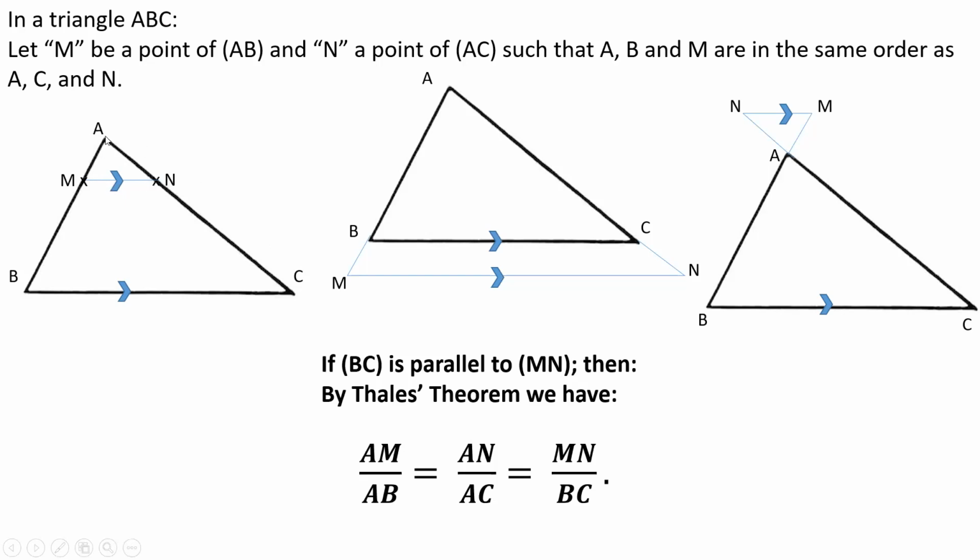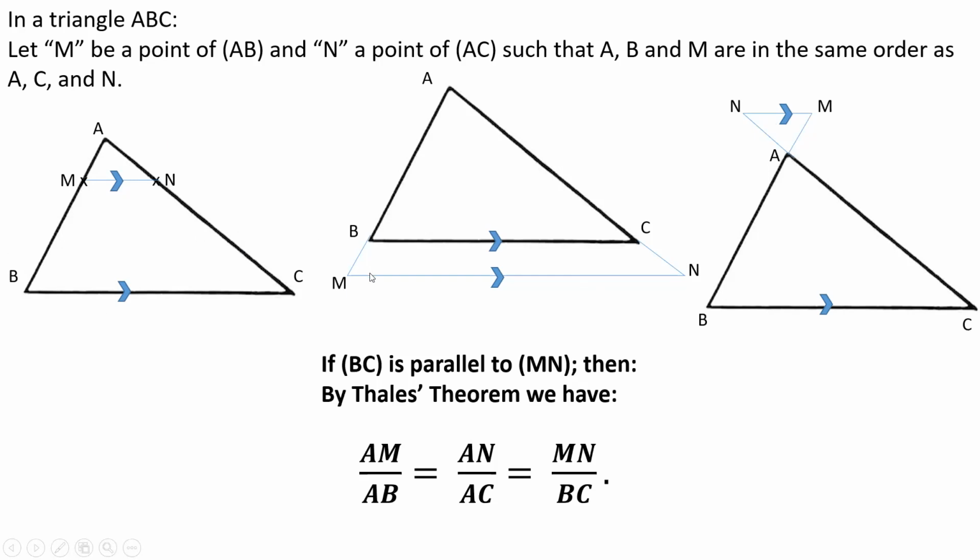If I place M outside AB, I should place N outside AC. If I place M outside AB from above the figure, I should place N on AC also above the figure. So this is what we mean by the same order: between, outside from below, outside from above.